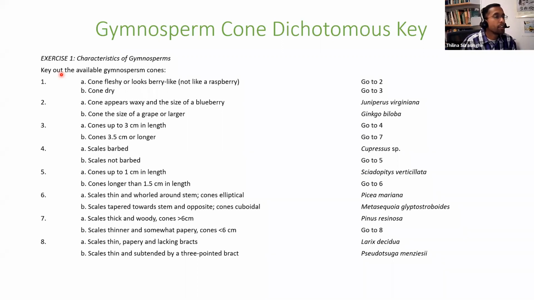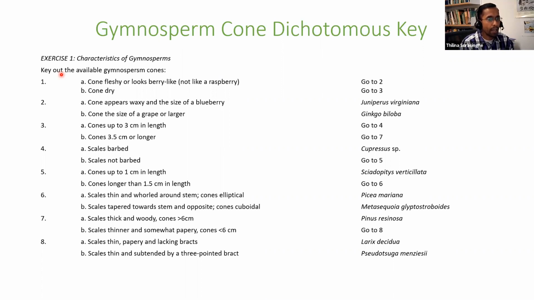On 7, scales thick and woody, or scales thinner and somewhat papery. What are we going with on that one? 7B. We are looking at scales thinner and somewhat papery.